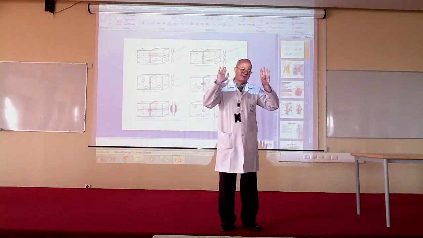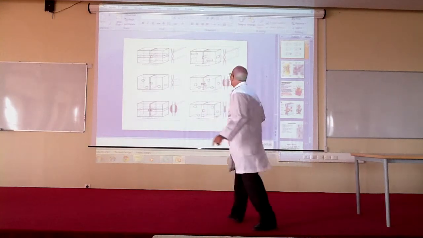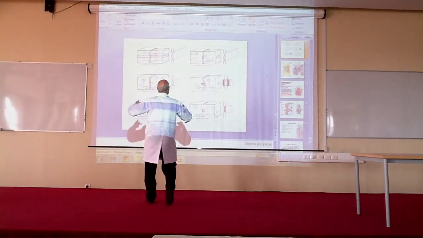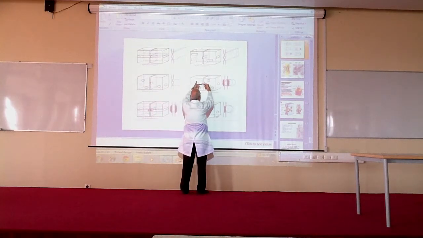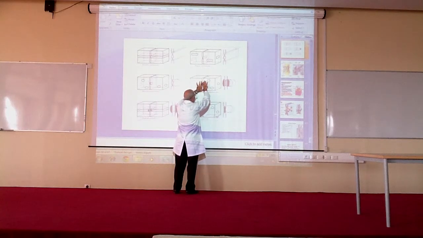This is in the cell. So they adhere to each other. But what is inside? There are filaments, which are called microfilaments, to push the two cell membranes together to adhere.